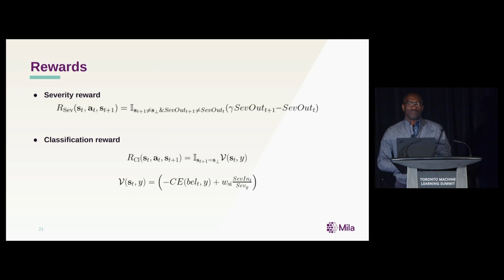Looking at the severity reward, here we will consider severe pathologies that are not part of the ground truth differential, but also are not part of the predicted differential. So we want the proportion of those pathologies to increase over time.